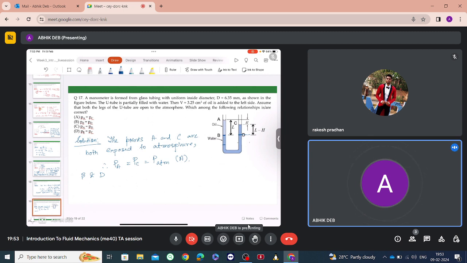But since both the points B and D are lying at the same vertical level of the same manometric fluid, that is why they will be having the same pressure.